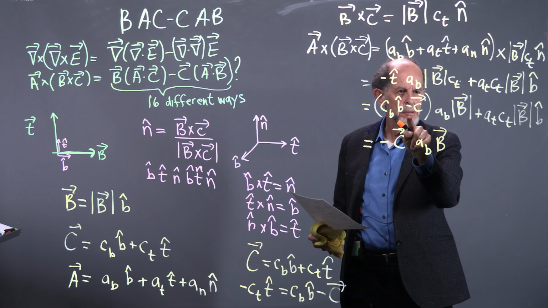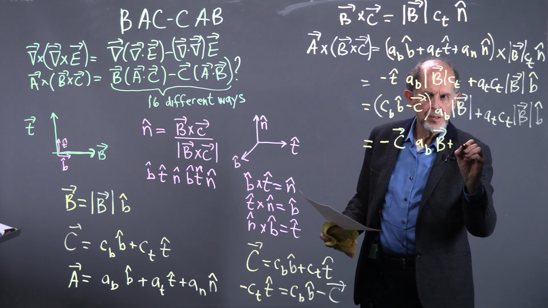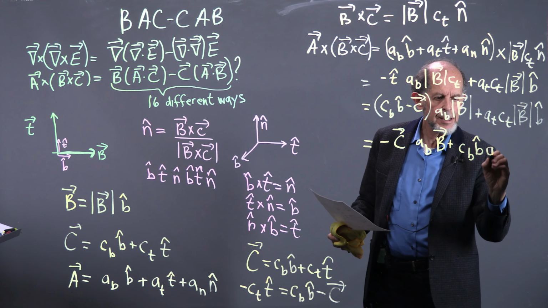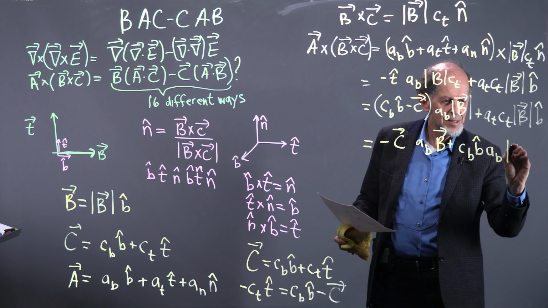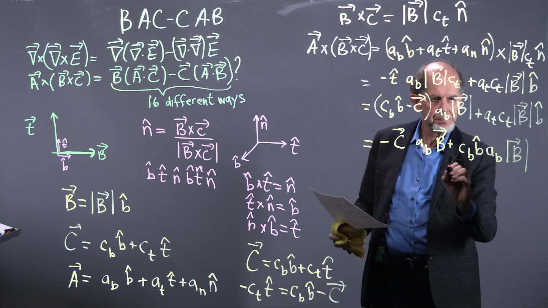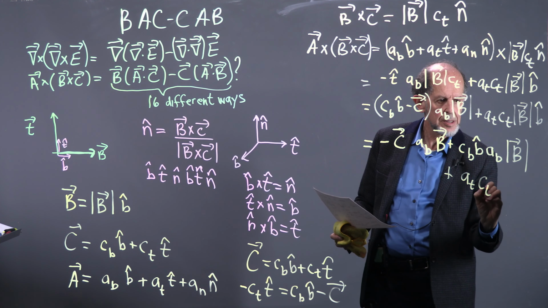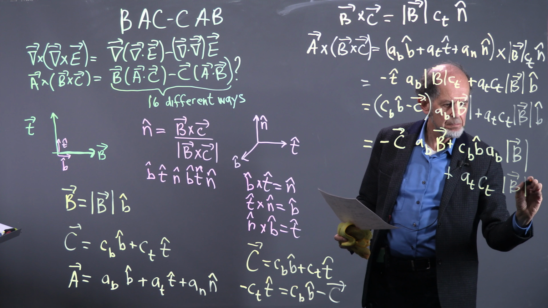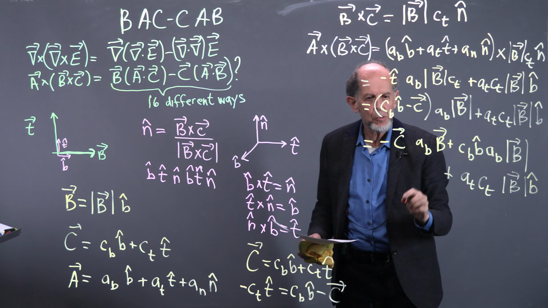Now we do this term. This term is CB B hat AB times this plus this term. All right, so what is this?